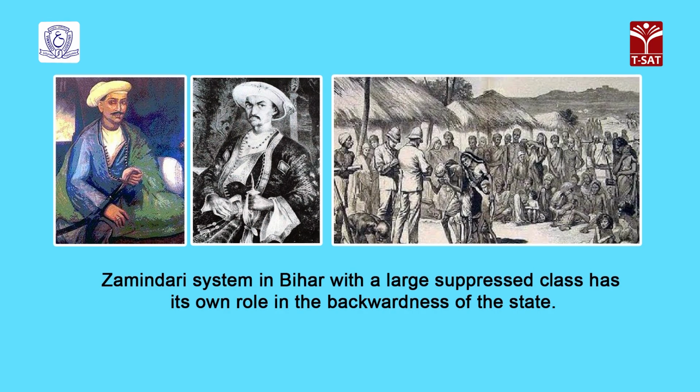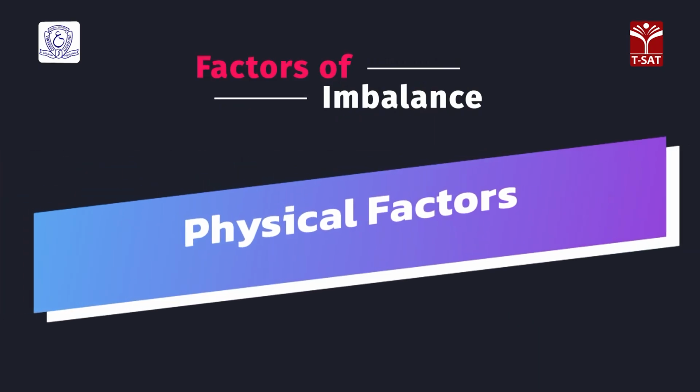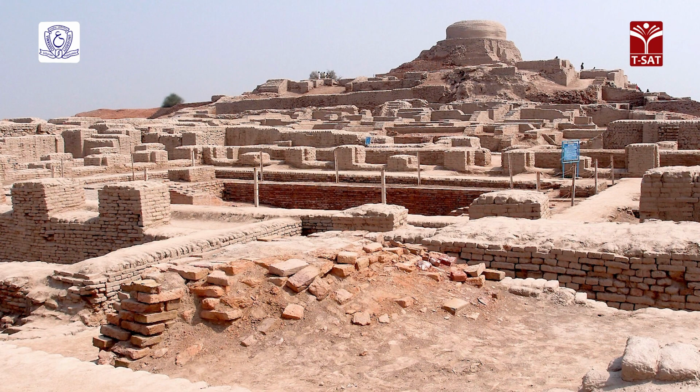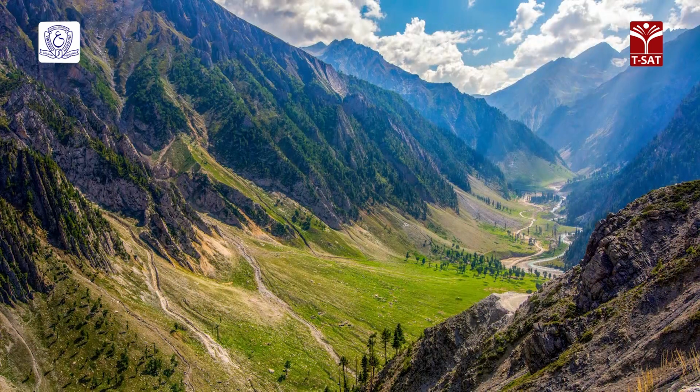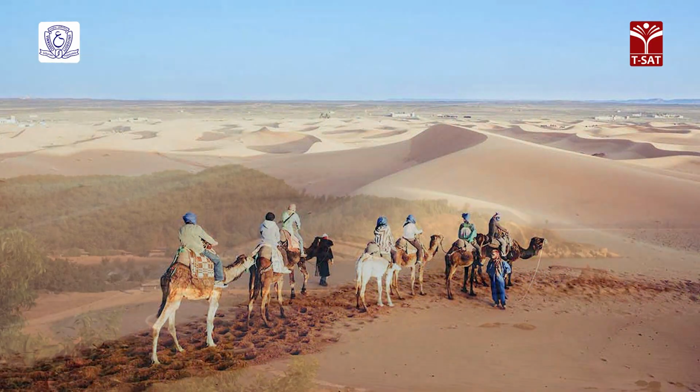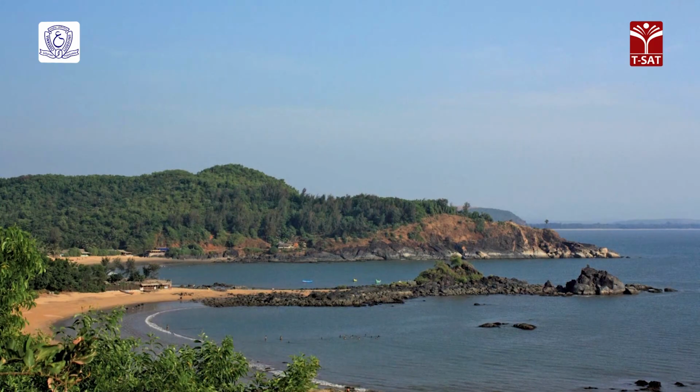The zamindari system in Bihar with a large suppressed class has its own role in the backwardness of the state. The physical factors. Physical factors include climate, soil, natural resource endowments, location, accessibility: plains which invite civilization, mountains which push them away, deserts deny them, and coast augment them.